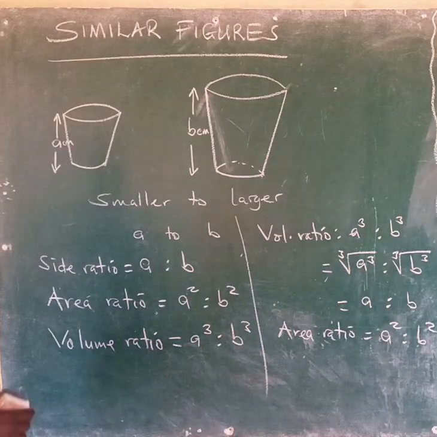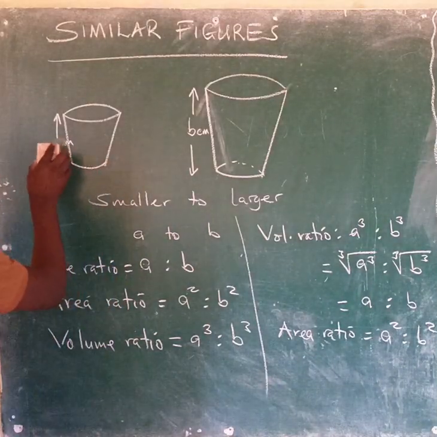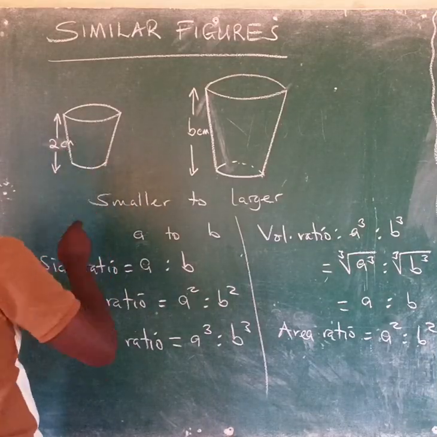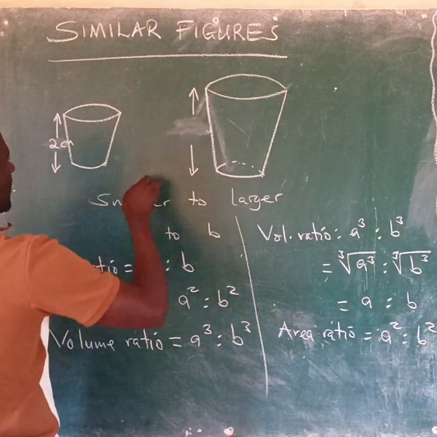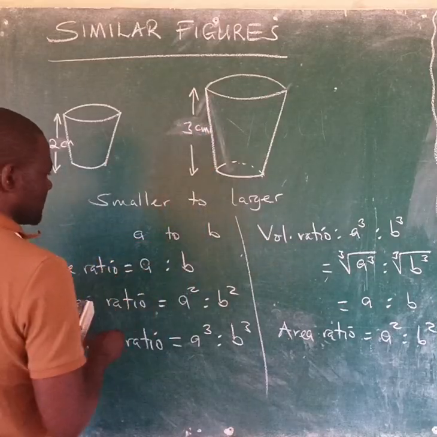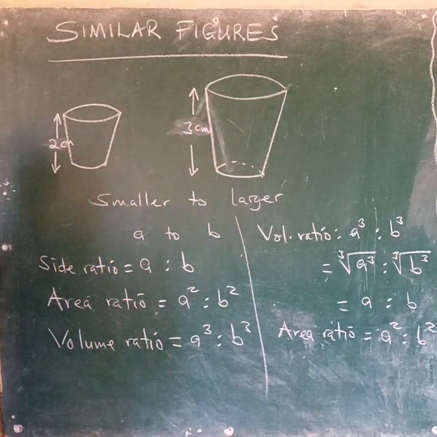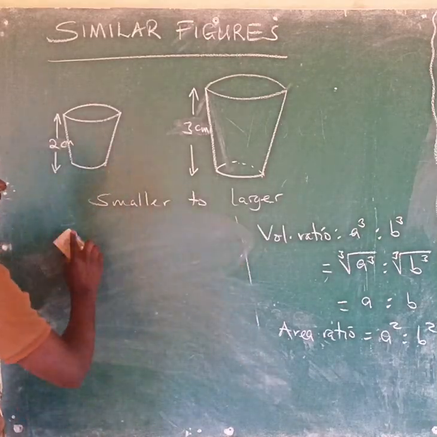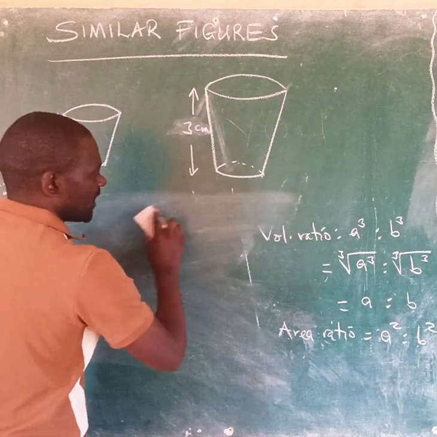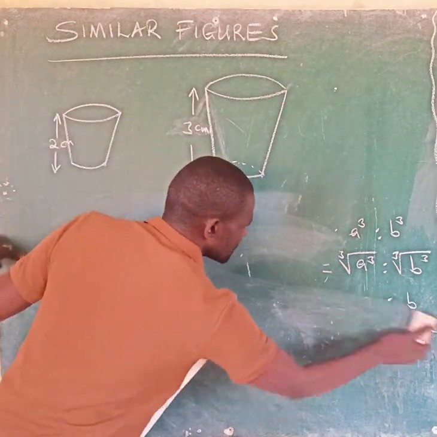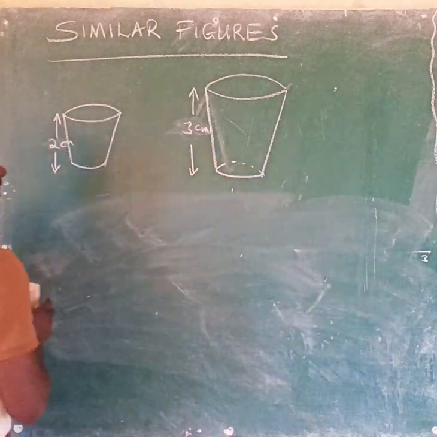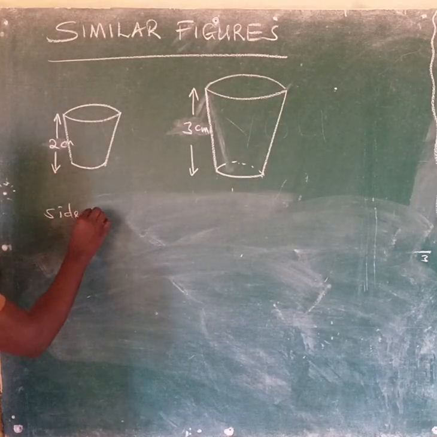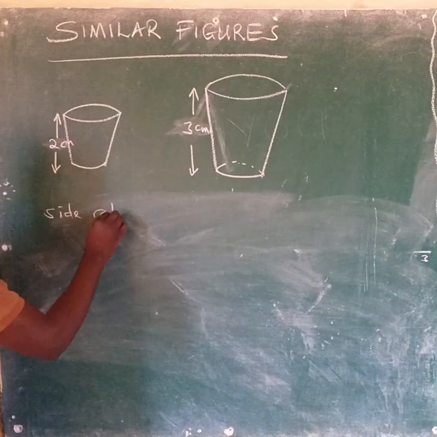So maybe just in case where we had, let's say here, if this is 2 centimeters, and then here let's say we have 3 centimeters. So in this case, if we want to find the ratios for their areas as well as their volumes, what we can simply do is we'll say the side ratio from the height. It can even be the radius.